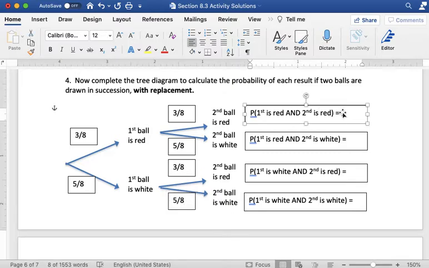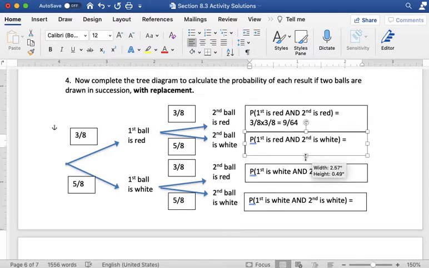Now I can get my probabilities here again by multiplying. So the probability that they are both red is going to be 3/8 times 3/8. And if I multiply that, I get 9/64. The probability that the first is red and the second is white is going to be 3/8 times 5/8, which is 15/64.